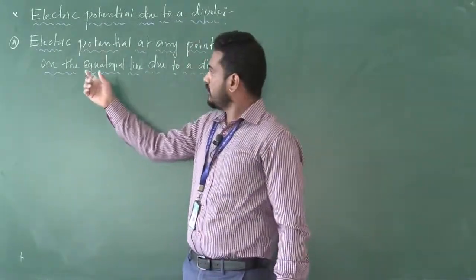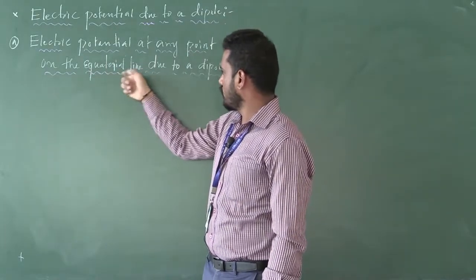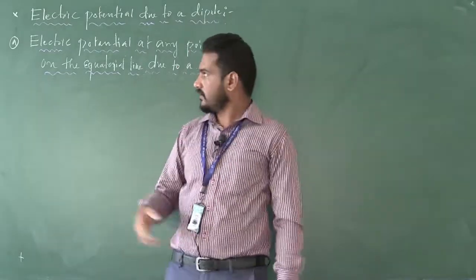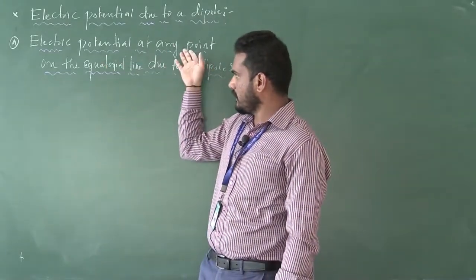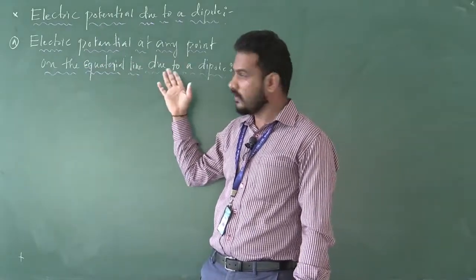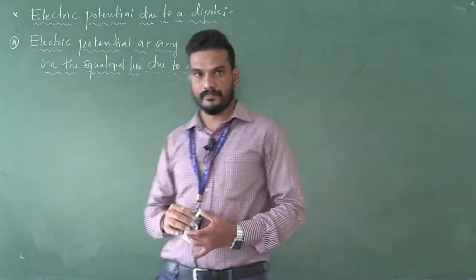Next derivation: electric potential at any point on the equatorial line due to a dipole. Just now I explained electric potential at any point on the axial line due to a dipole. Now the equatorial line due to a dipole.